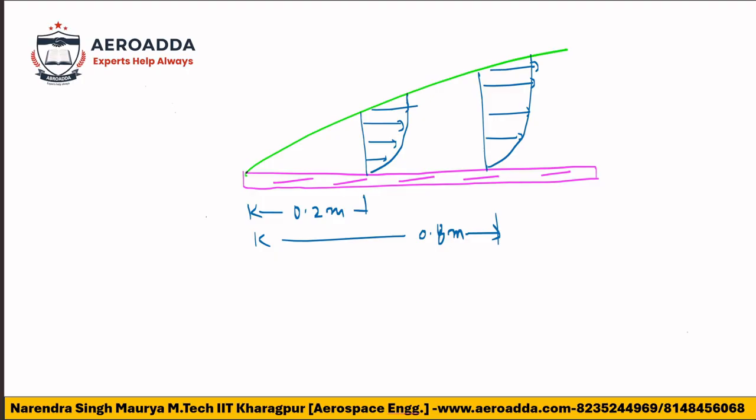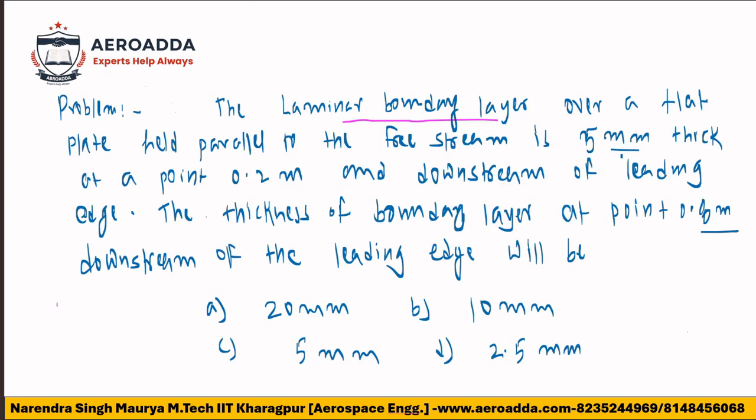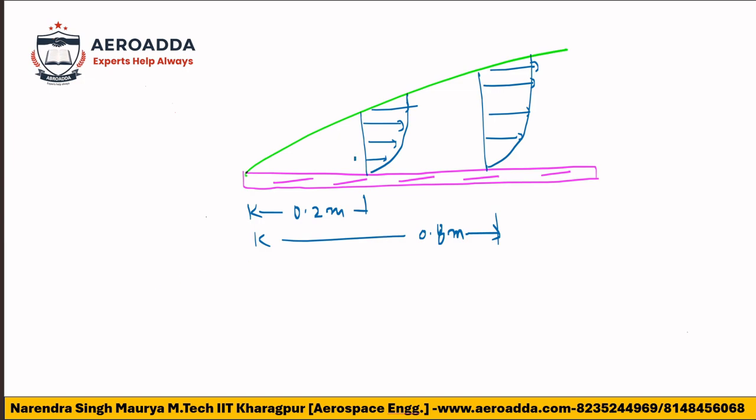For the 0.2 meter, the boundary layer thickness they have given, 5 mm thick at the point downstream. So at 0.8, they are asking what is the thickness of the boundary layer.